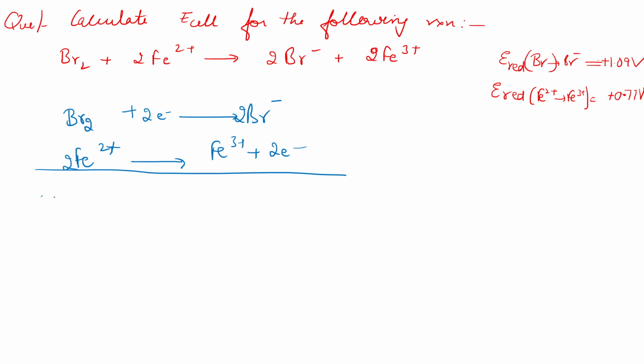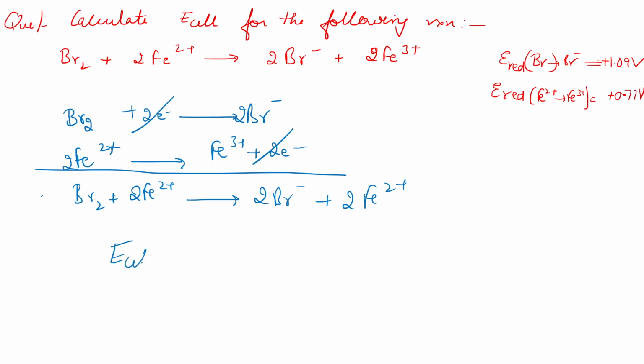So overall we will have Br2 plus 2 Fe2+, these electrons will be cancelled, and you will have 2 Br minus plus 2 Fe3+.